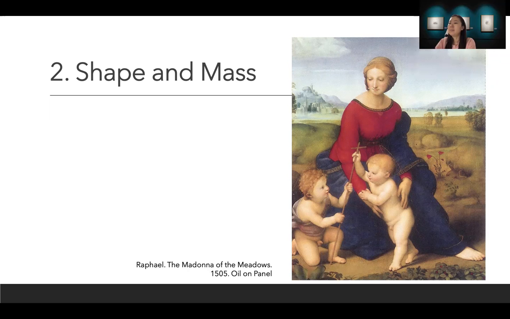So this is Raphael's painting, the Madonna of the Meadows. Raphael is one of the masters of the Renaissance in the 16th century, and this oil painting was produced in 1505 in Venice. And the Madonna of the Meadows exemplifies a religious theme. It depicts Mother Mary with Jesus Christ and John the Baptist.